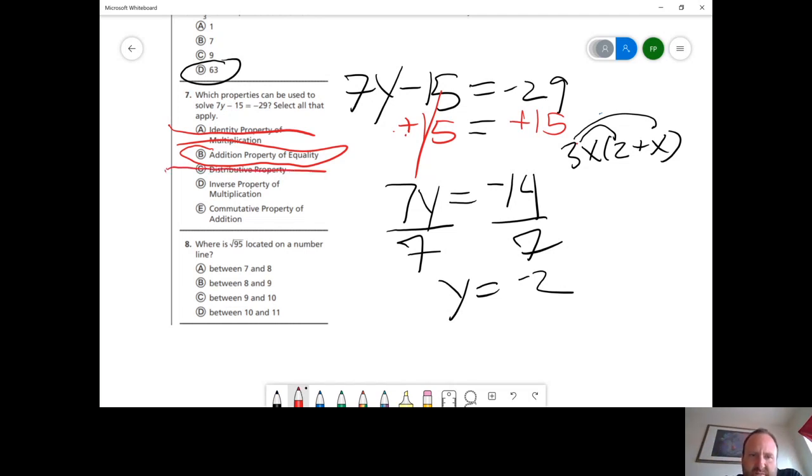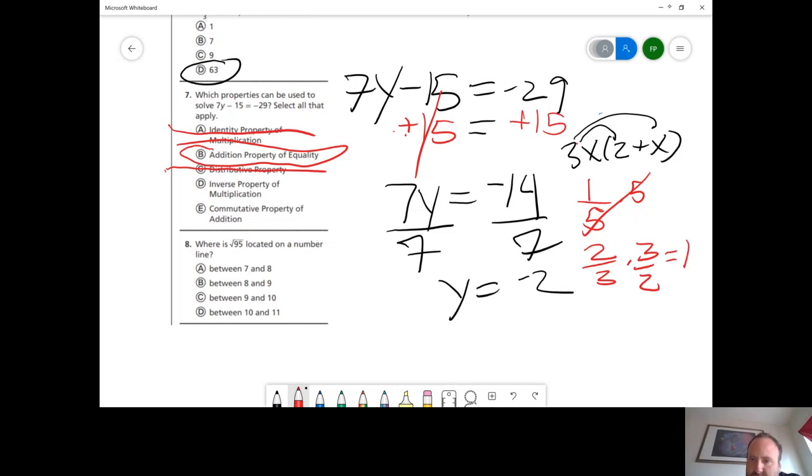Inverse property of multiplication. That would be like what we did to solve one of the other problems. So if you had 1/5 of something and you multiplied it by 5, you'd just be left with 1. Or if you had 2/3 times 3/2, that would also just equal 1.